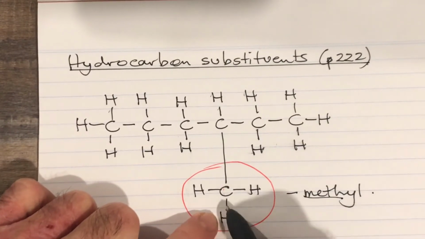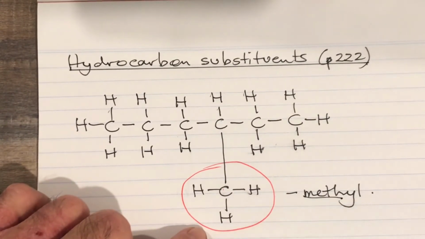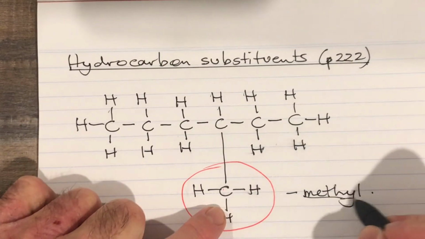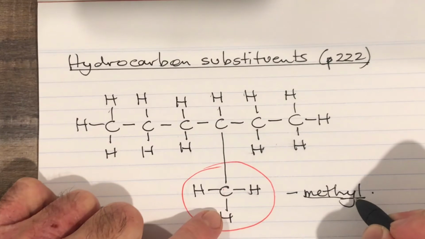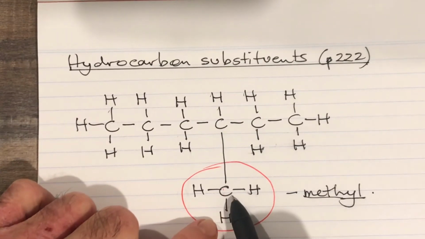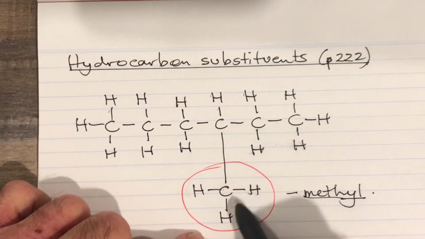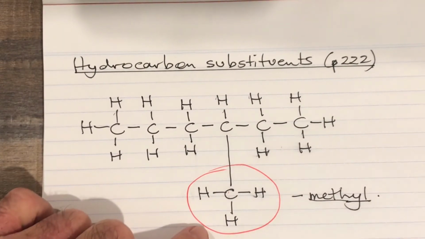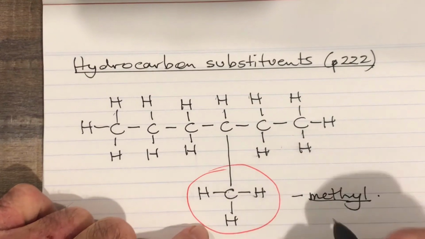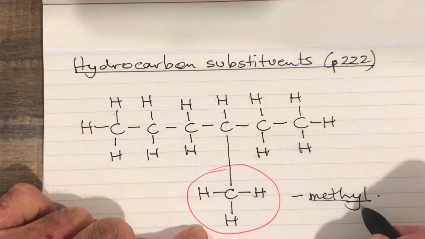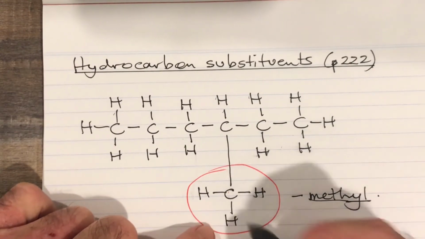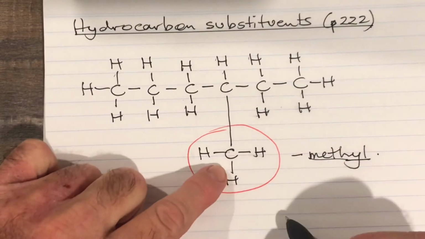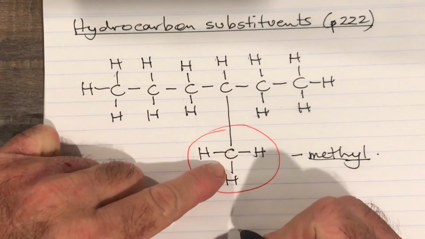Meth, because it's only got one carbon. Remember the prefixes from before? One carbon's methyl. The suffix -yl on the end indicates that it's a substituent, a side chain. So any side chain that's a pure hydrocarbon ends in -yl. This methyl starts with meth because it's only got one carbon.